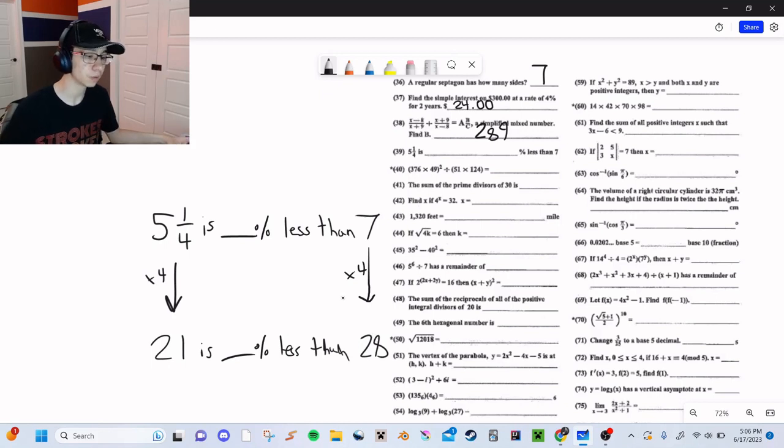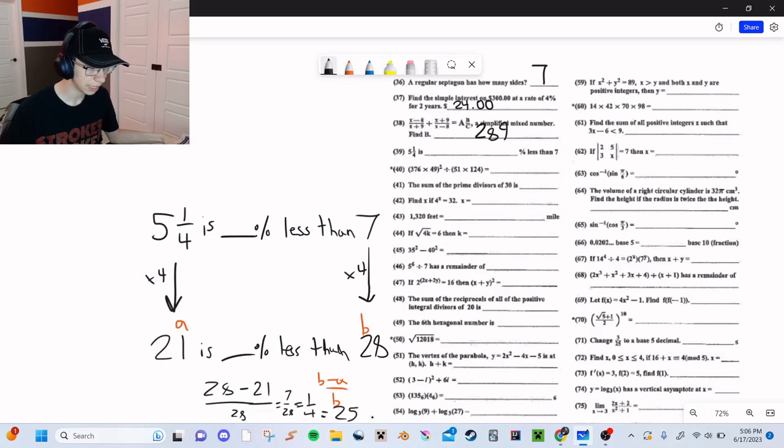Now I can do my formula. I can do 28 minus 21 over 28. Right, given that this is A and B, I'm going to do B minus A over B. And this is going to give me 7 over 28, which is just a fourth, or 25%.